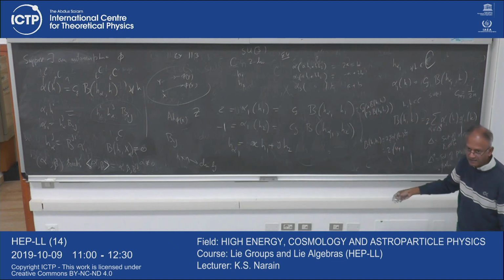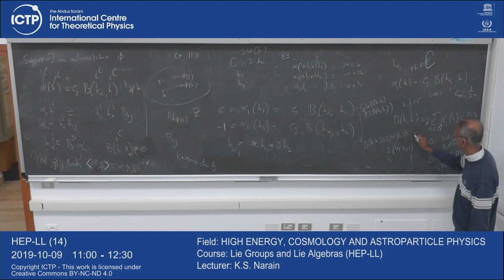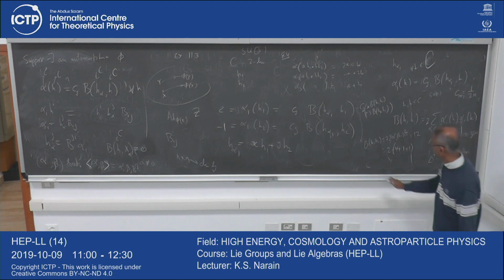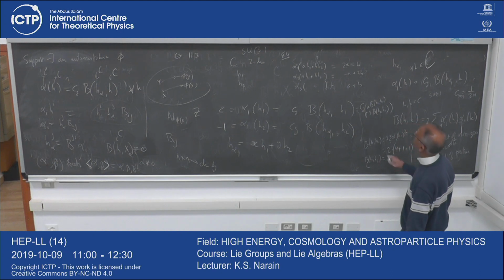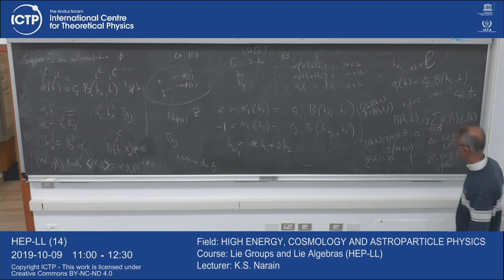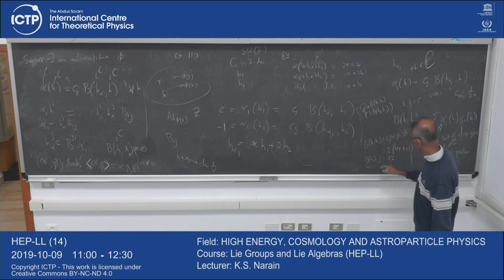So you get here 12, right? And you can show that B H2, H2 is also the same, 12 again, because that's just an exchange of B and the numbers are distributed the same.